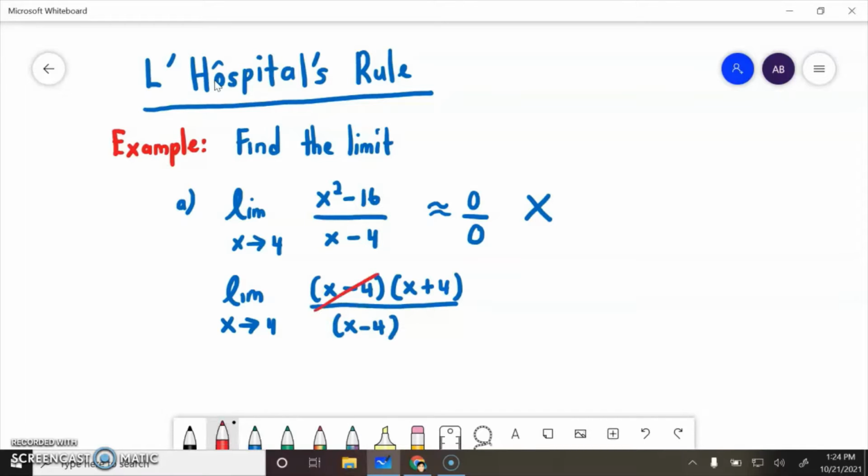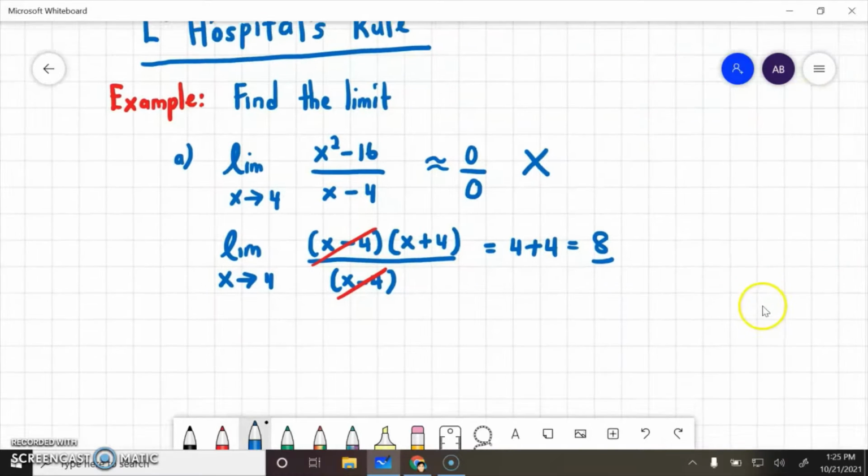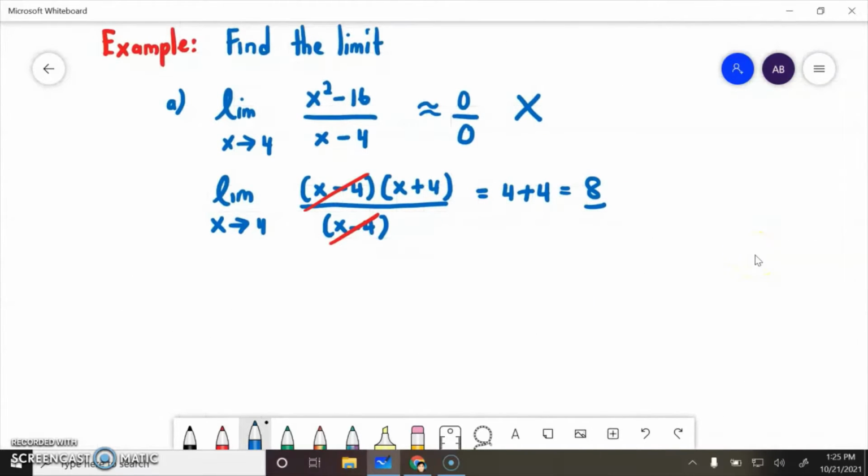Now you can look at this, the two terms cancel out. So when my x is 4, I'll have 4 plus 4, which is equal to 8. So this is what you do when you want to apply a limit and your denominator is 0.